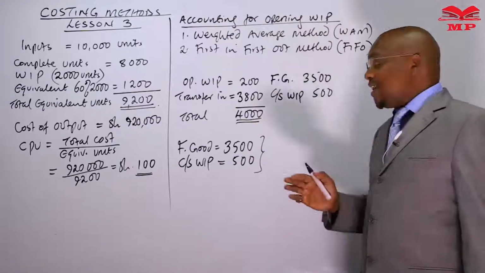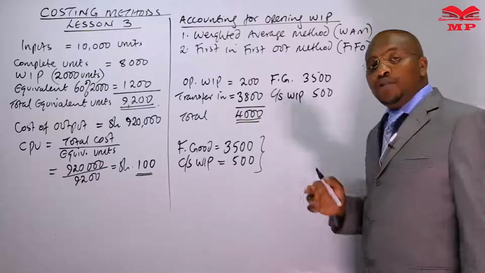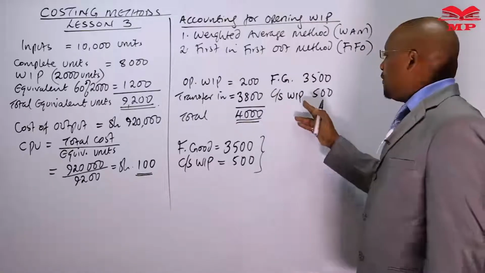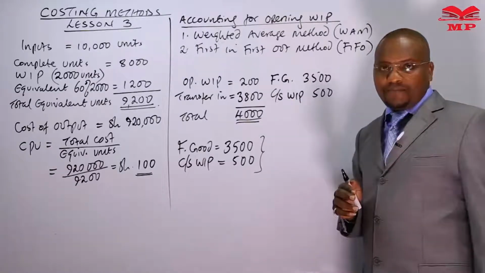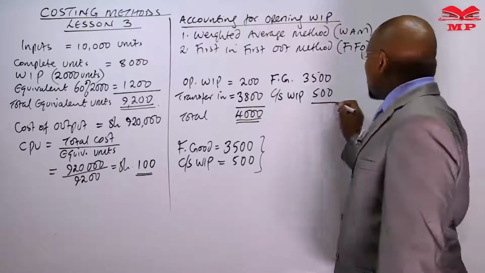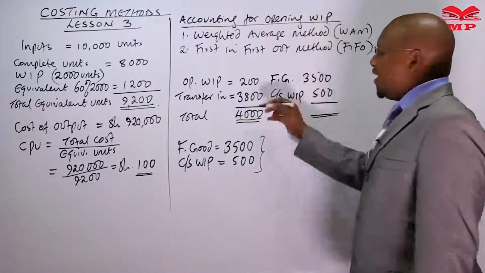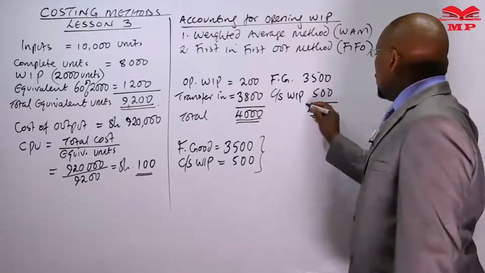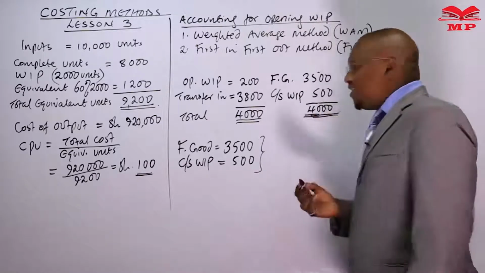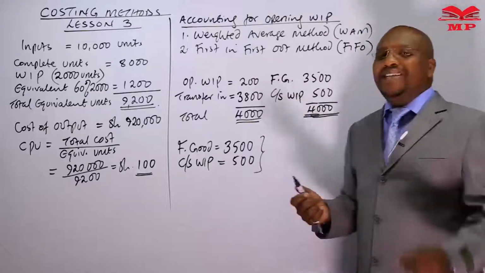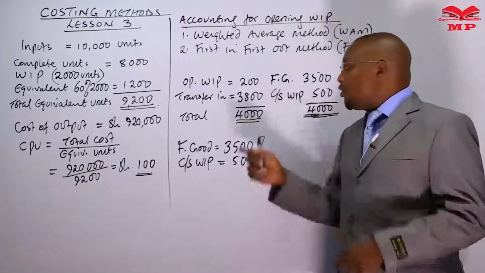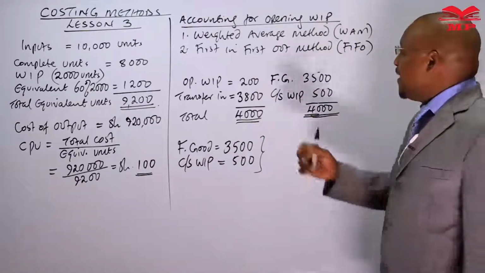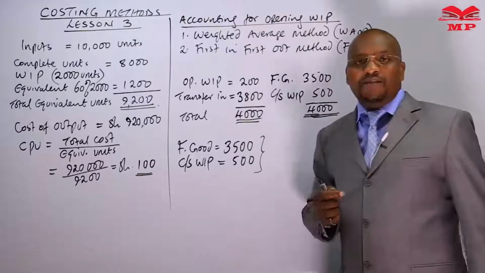We can't tell whether they form part of the finished goods or the closing work in progress. So we just concentrate on the physical units input and output, which is still 4,000 here. So we lose control and the track of these 200 units. That is the behavior of the weighted average.